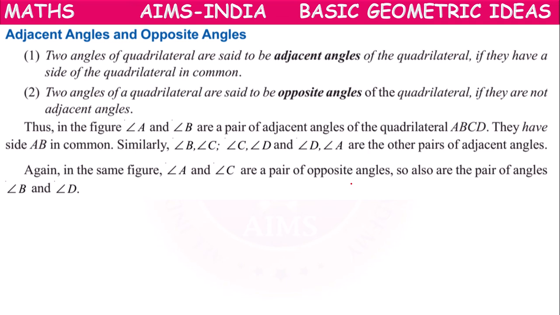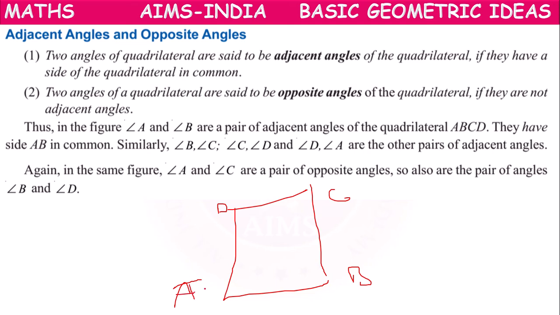Whereas in quadrilateral ABCD, if you take angle A and angle C, angle A is made up of line segment AD and line segment AB.